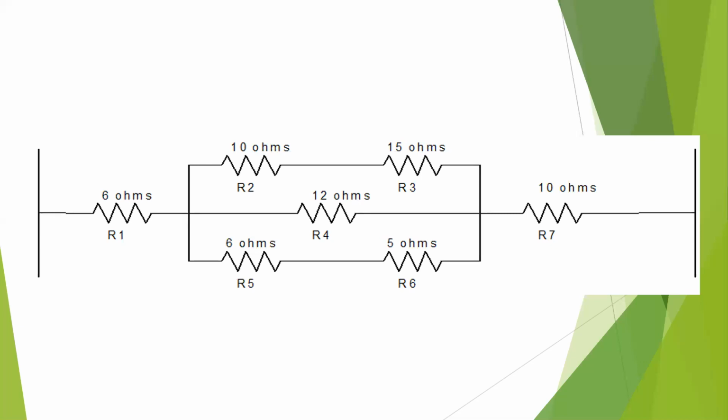And remember, the current didn't change in series, right? So this 5.8 is going to apply to each one of these resistors or groups of resistors. I want to know what the voltage is here. My voltage of R1 is equal to my current of R1 times R1. So we got 5.8 times 6.